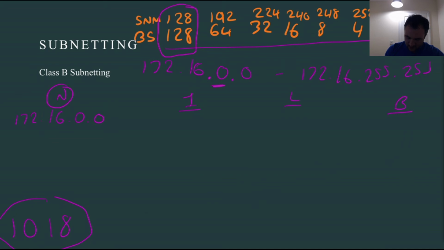I'll quickly do an example of a class B subnet mask with these numbers, with 1 to 8, and then we'll see how many hosts we get. We'll start with adding 1 to 8, but not in that one, but in this one. So 172.16.128.0. Cool.